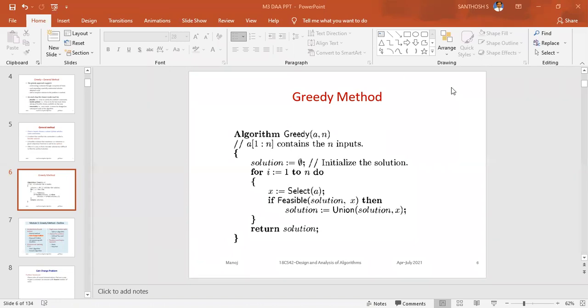If n equals 3, how many subsets? 8 subsets you will get. For each subset, you will get one feasible solution.